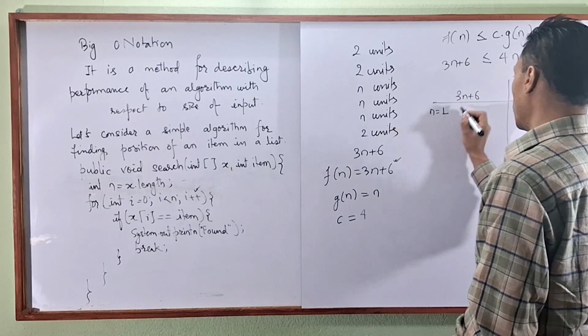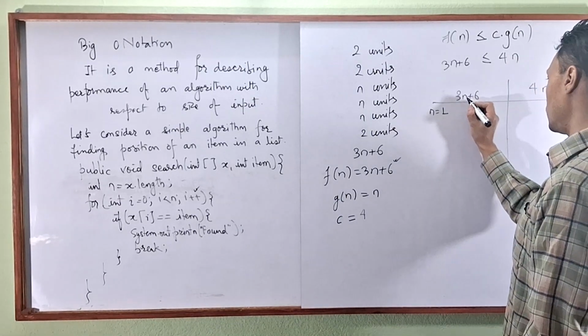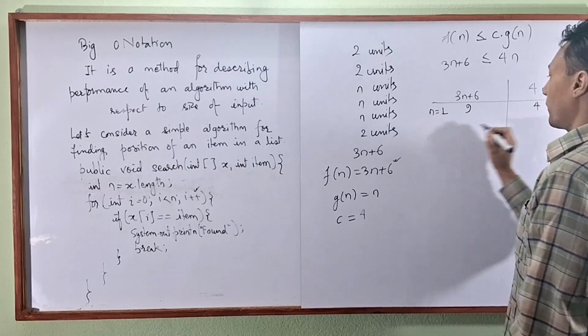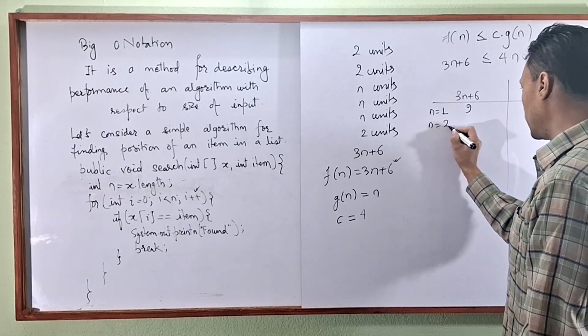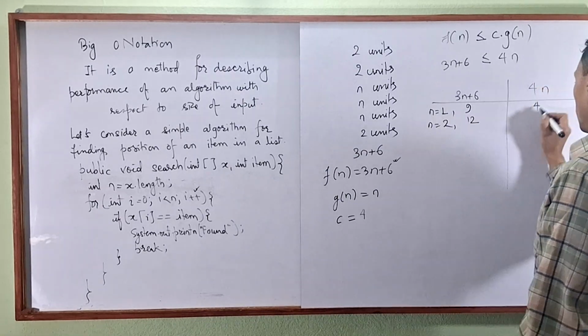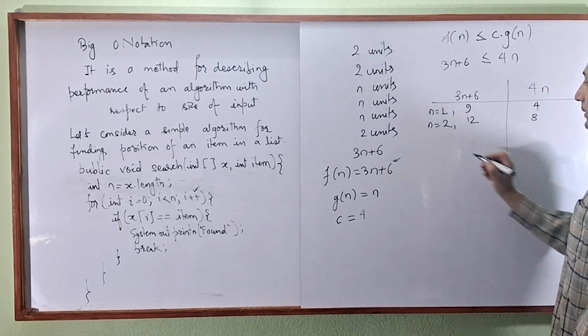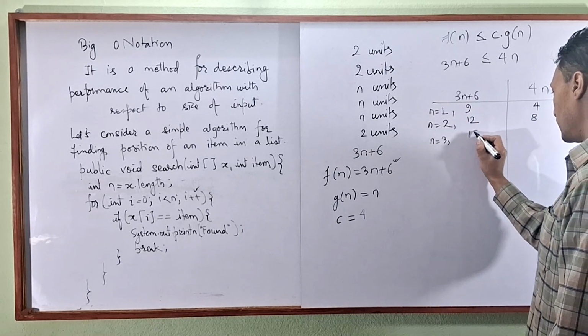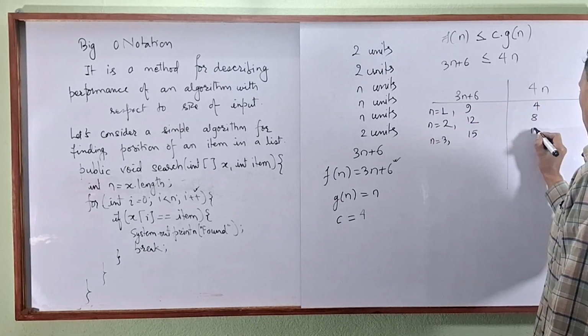Initially n is equal to 1. So this will give us 3 into 1, 3, plus 6, 9, and this is 4. When n is equal to 2, that is 3 twos are 6, plus 6, that is 12, and this will be 8. N is equal to 3, then 3 threes are 9, plus 6, 15, and 3 fours are 12.